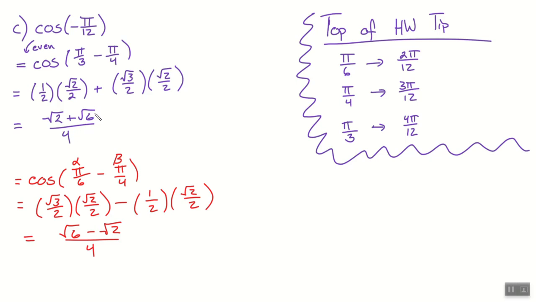Are they? What do you guys think? Are they different? They look a little different. How do we even begin to think and determine whether or not they're really different or not? And what did I possibly do wrong?